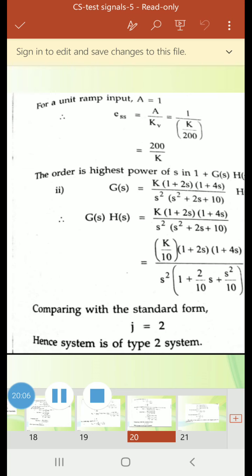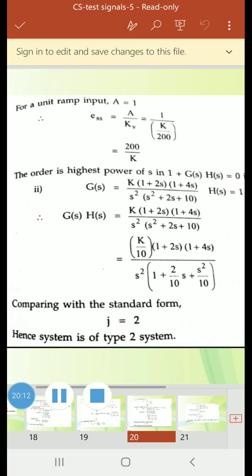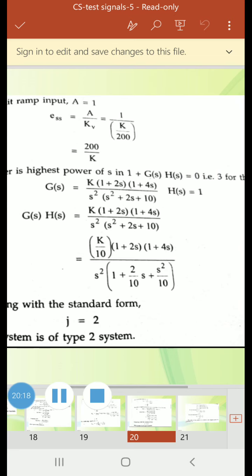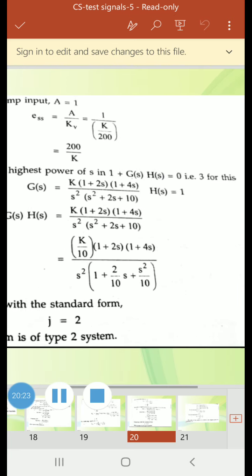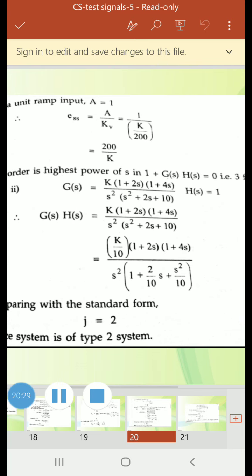Therefore, ESS is equal to A by Kv, which is 1 divided by, substituting Kv as K by 200, 200 by K. The order is the highest power of s in 1 plus G(s) H(s) equal to 0. That is 3 for this system.